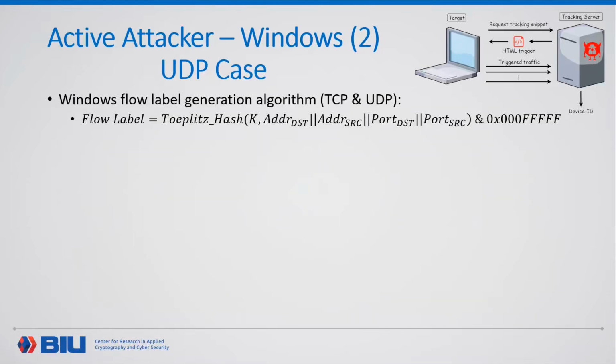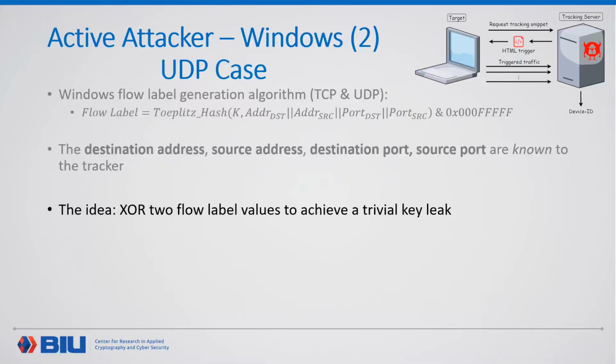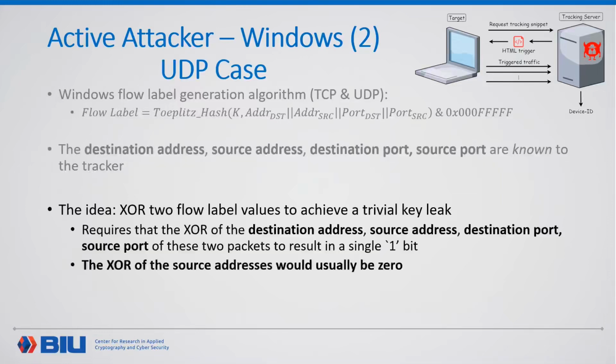So let's form the UDP tracking method. Recall the Windows flow label generation algorithm. The hash input is known to the tracker. Now, the idea is to achieve a trivial leak. So, we would like the XOR of hash input values from two different packets to result in a single 1-bit. Assuming the common case of a single source address, the XOR of the source addresses would be 0.